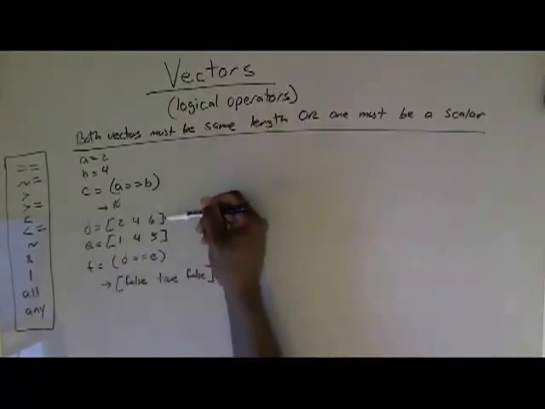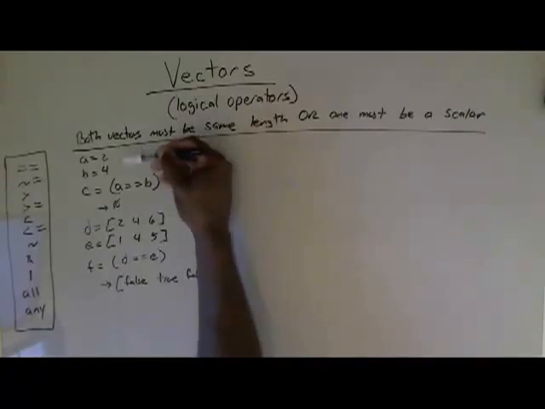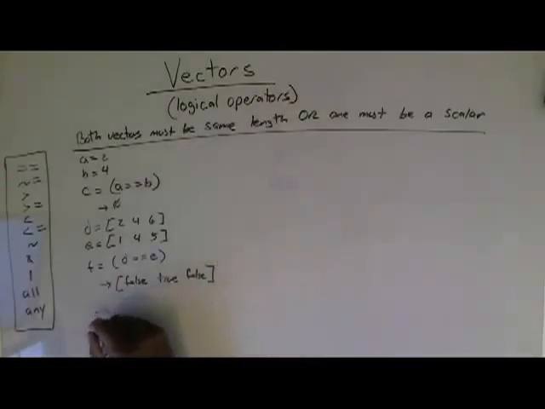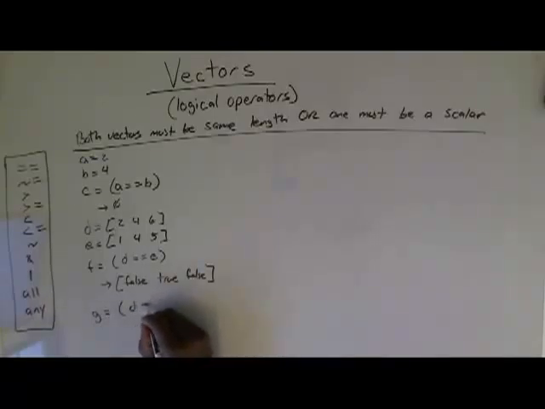Okay, so that's vector to vector. This is scalar to scalar. You can also do vector to scalar. So I could come in here and say G is equal to, does D equal A?